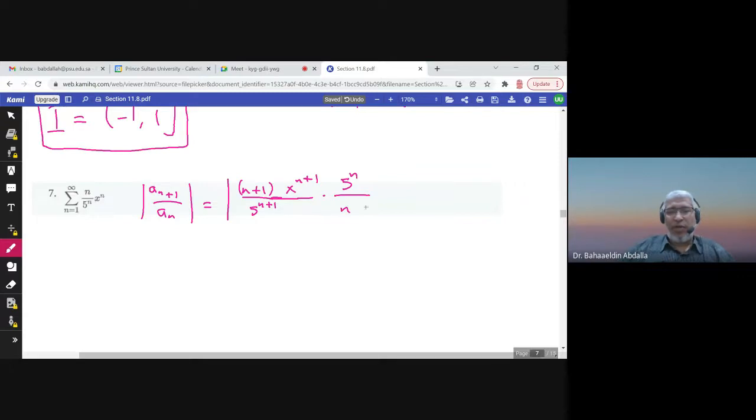In the numerator, I have n times x to the power n here. So this would be the reciprocal. Cancellation. So I have n plus 1 over n and absolute value of x over 5. The limit of this when n goes to infinity is 1.